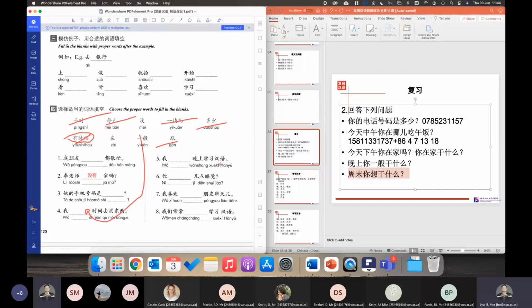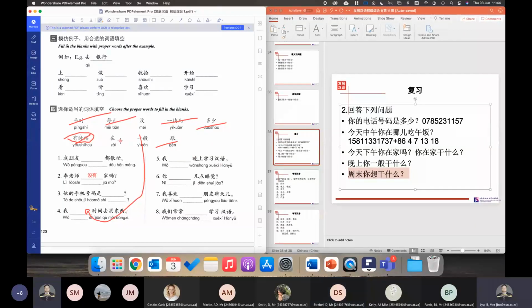All right. 我什么晚上学习汉语? 平时 and 每天. Perfect.